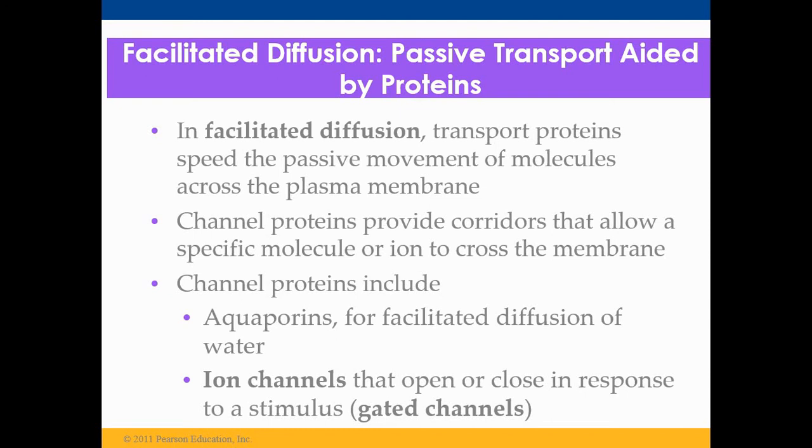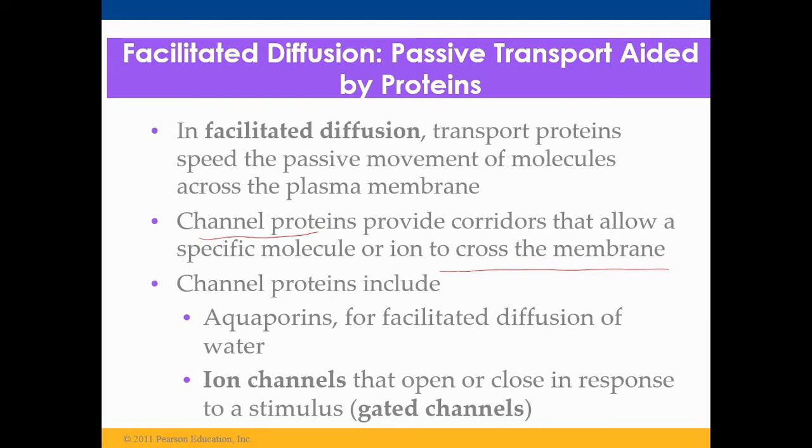So, in facilitated diffusion, transport proteins speed the passive movement of molecules across the plasma membrane. So, they need transport proteins. Channel proteins provide corridors that allow a specific molecule or ion to cross the membrane. So, those are channel proteins, okay, that are embedded in the phospholipid bilayer.